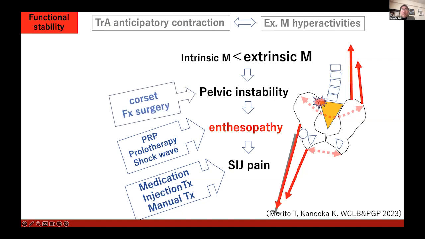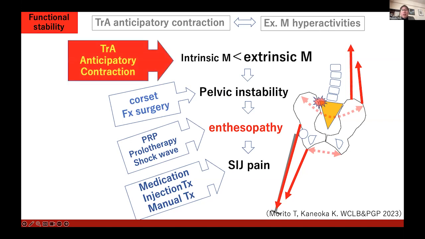And for pelvic instability, it's treated with a corset, or as the last modality, surgical fixation. However, we believe that learning how to contract the transverse abdominis muscle prior to extrinsic muscles improves pelvic instability, and this method should be given priority over any other treatment methods.